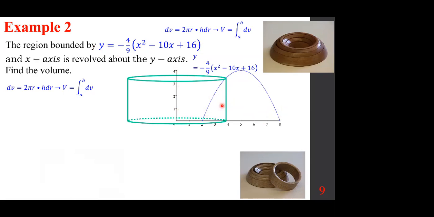So if you pick a typical vertical strip and revolve it about the y-axis, it creates this hollow cylindrical shape. It looks like that if you expand it. That's the idea. We are going to use dv equals 2 pi r h dr, and the volume is the integral of a to b dv.